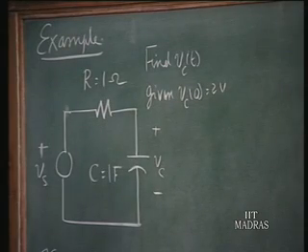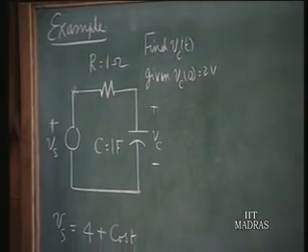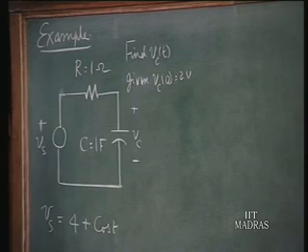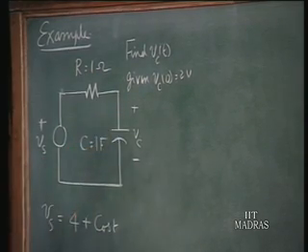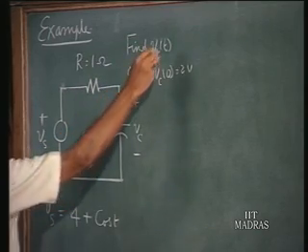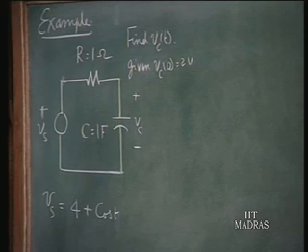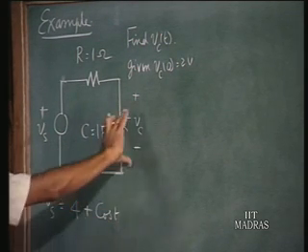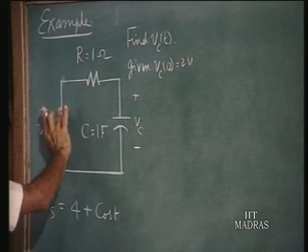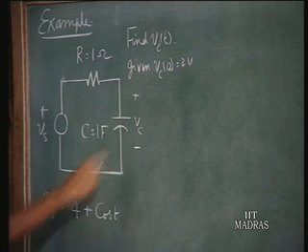Okay. Let us now consider an example where a voltage source Vs, which is 4 plus cos t, is acting upon a series RC circuit, and it is given that Vc0 is equal to 2 volts. Now you are interested in finding out Vc of t. If you want to find out the differential equation joining Vc as the output quantity with respect to Vs as the input quantity, we see that Vc plus the voltage drop across the resistance must be equal to Vs. The current in the capacitor is C dVc/dt.